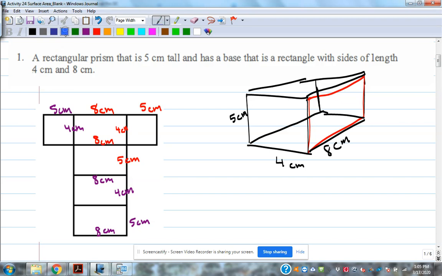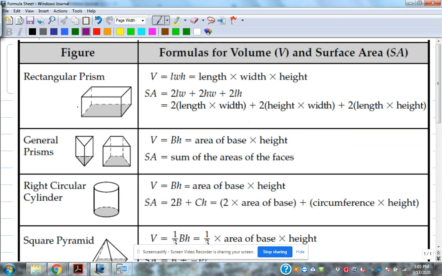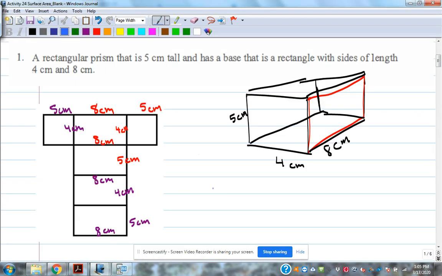And we look at the surface area formula on that reference sheet that we have for a rectangular prism. The surface area is 2 times length times width plus 2 times height times width plus 2 times length times height. So I'm going to use that surface area formula. So 2 times length times width. That's the base rectangle. So that's the bottom part and the top part. That's what that part represents.